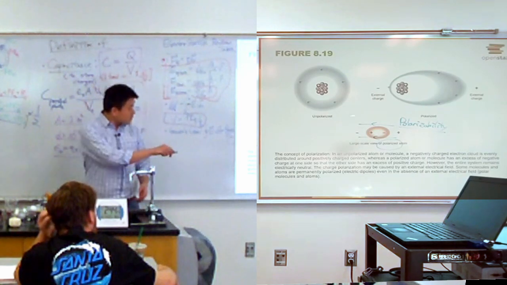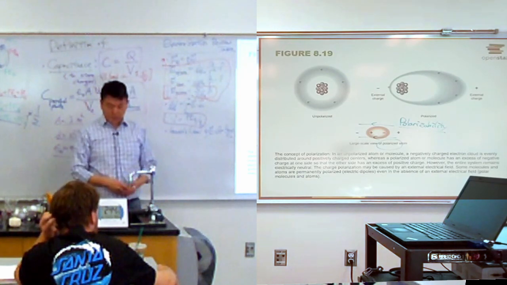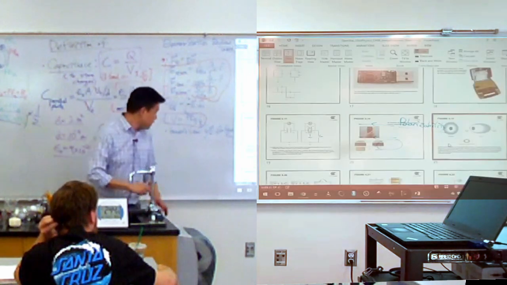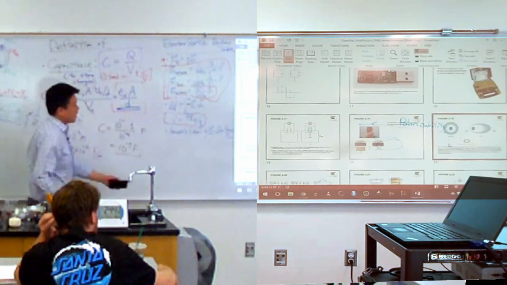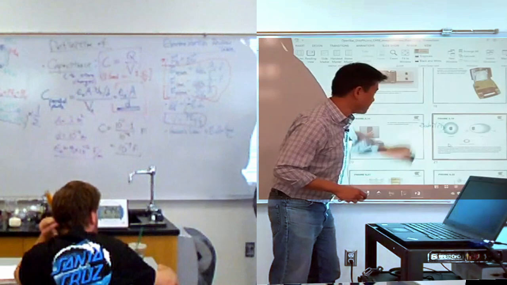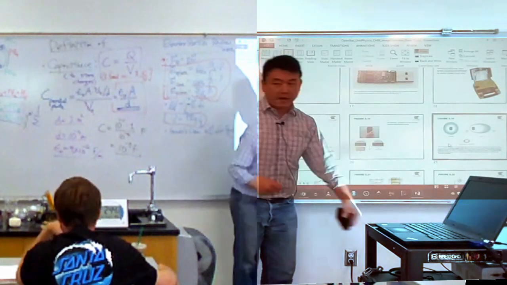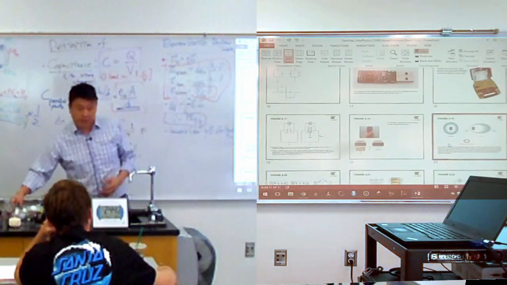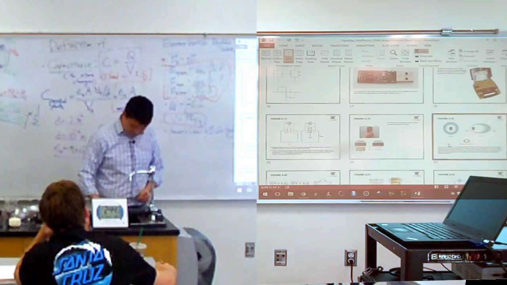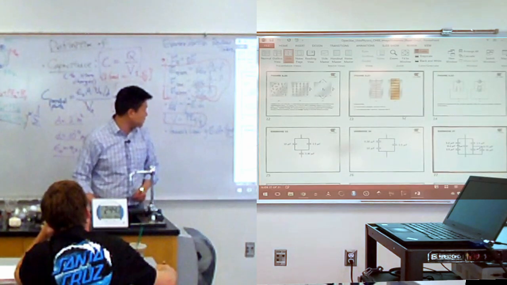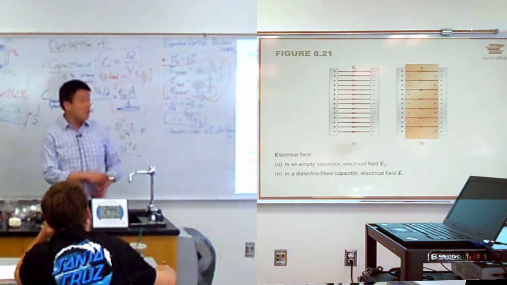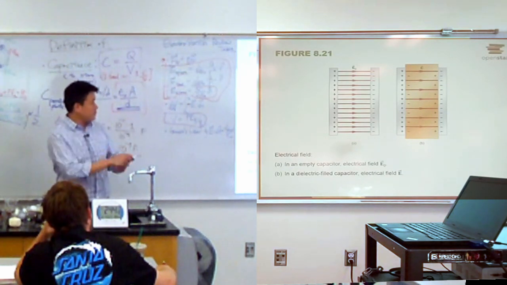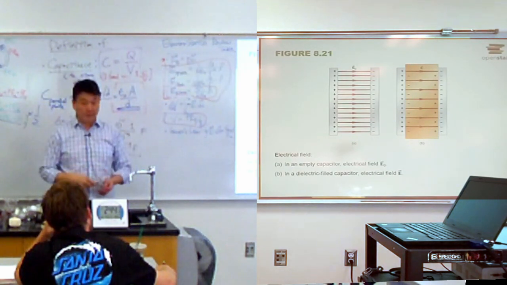So this is something that happens in a microscopic view. In the context of capacitors, this is what happens with dielectrics, which once again means any kind of insulator. This is the macroscopic view of what happens when you have a dielectric between the two conducting plates of a capacitor.